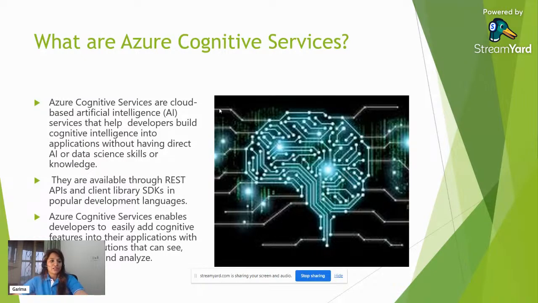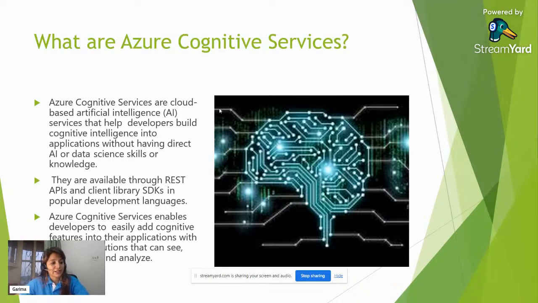Now imagine if you can do all this without any prior knowledge of ML, DL, or any programming language. That will be very cool, right? You just need to introduce an API or import a library in your solution, and you can use all these cognitive services. By using Azure Cognitive Services, you can do all of these and even more, without having that much homework or that much understanding of deep learning and machine learning concepts.